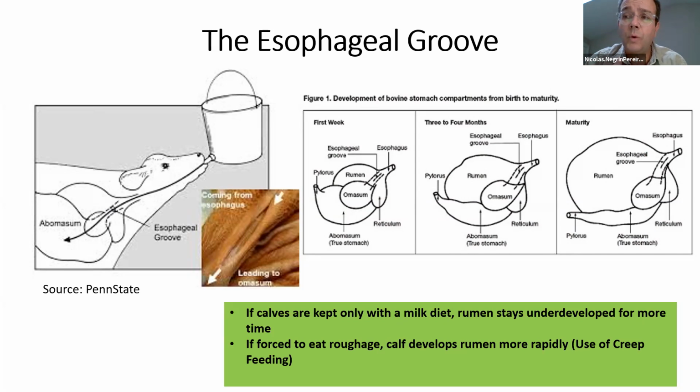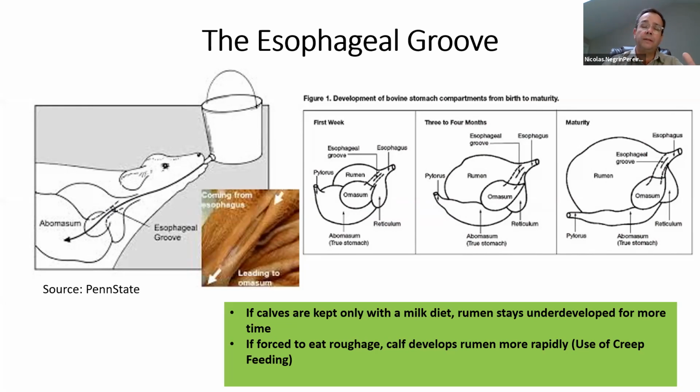So that's a way, when we are interested in performing what we call an early weaning, sometimes as a reproductive tool to bypass the anestrus situation in cattle, but I don't want to sidetrack with that. Sometimes we can stimulate the formation or the population of the rumen as soon as possible by creep feeding, which is a differential feeding of the calf in relation to the mother.